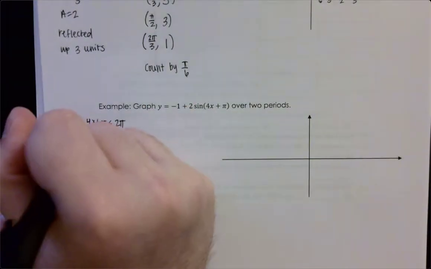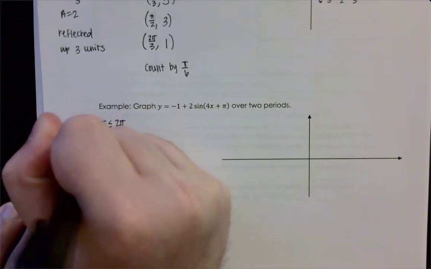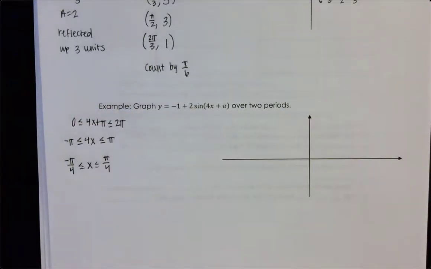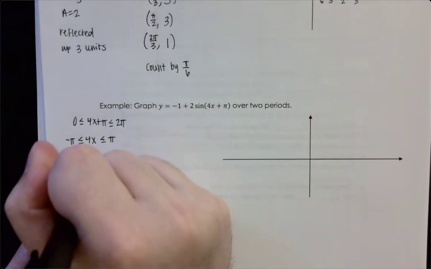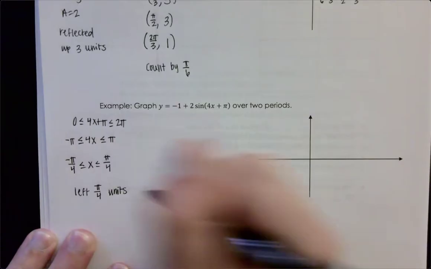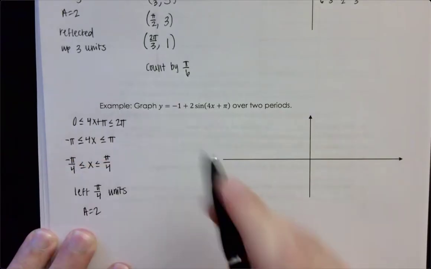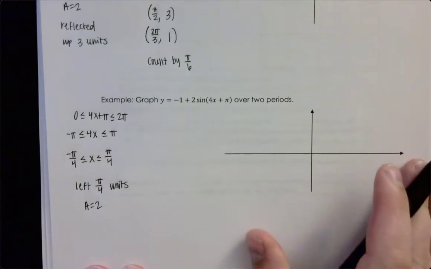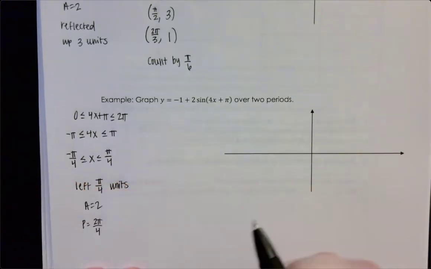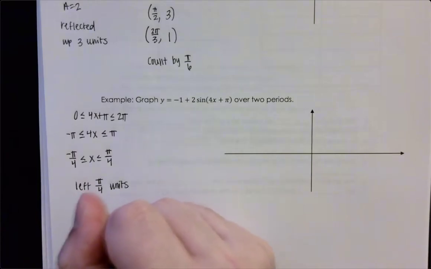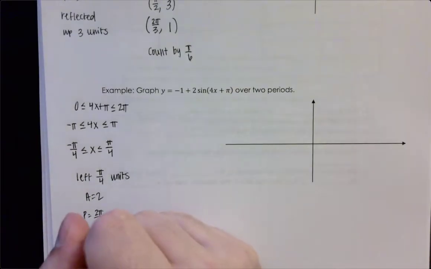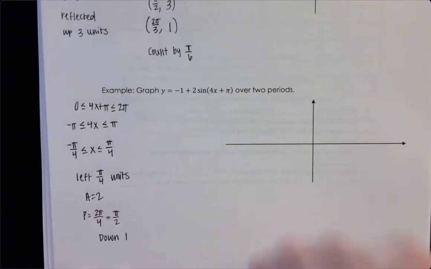Divide by 4. Negative pi over 4, x positive pi over 4. So my graph has been shifted left pi over 4 units. My amplitude is 2. Period is 2 pi over b, which is pi over 2. Vertical shift down 1.